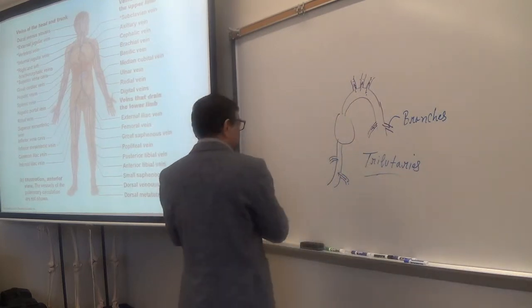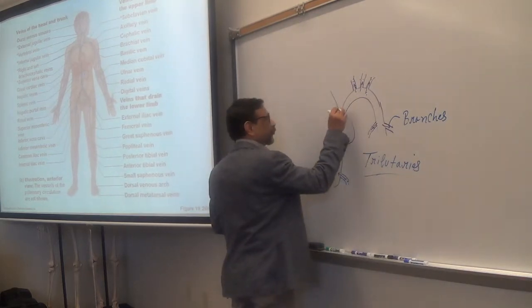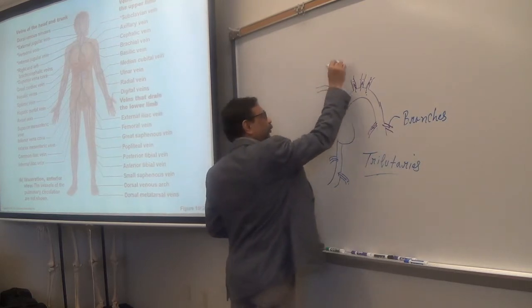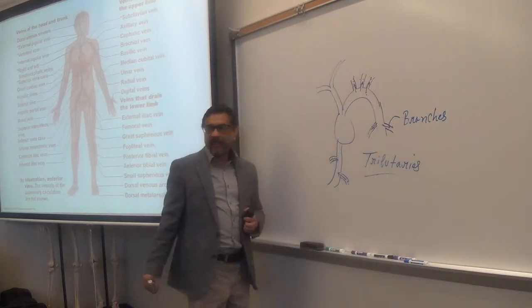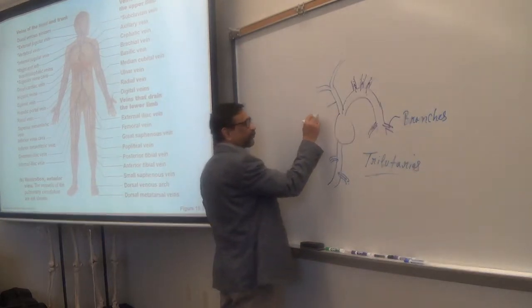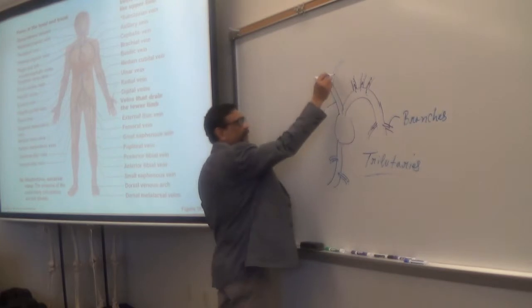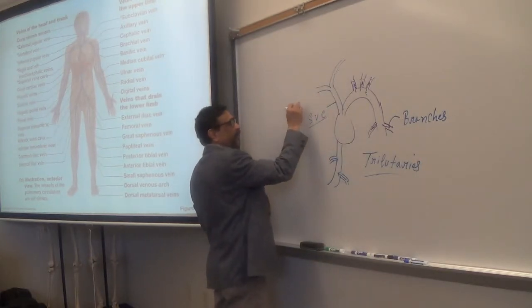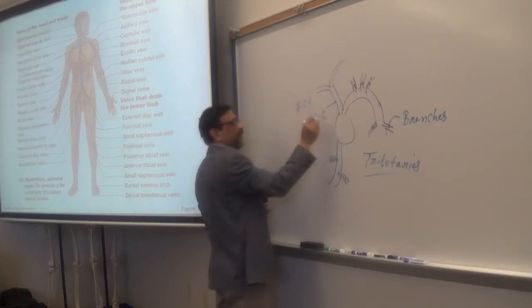Superior vena cava divides into two brachiocephalic veins. So this is the superior vena cava, divides into left and right brachiocephalic vein.